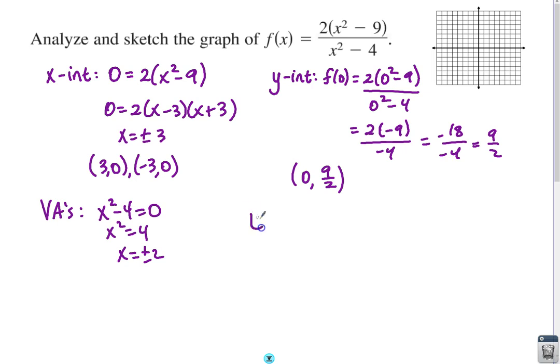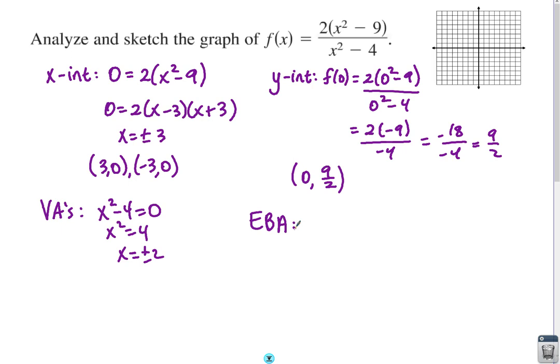Well, I say horizontal asymptote, I actually prefer to call them end behavior asymptotes because they're not always horizontal. Sometimes you have a slant asymptote. I hope you guys remember the rules for your end behavior asymptotes. Remember, we have top heavy, bottom heavy, and balanced. In this case, it looks like my degrees at the top and bottom are balanced. So if that is the case, what do we look at?